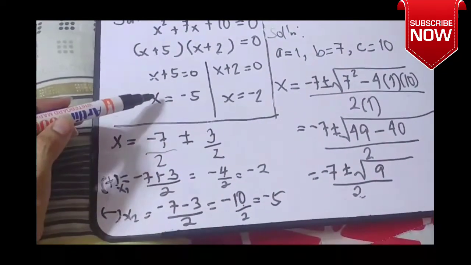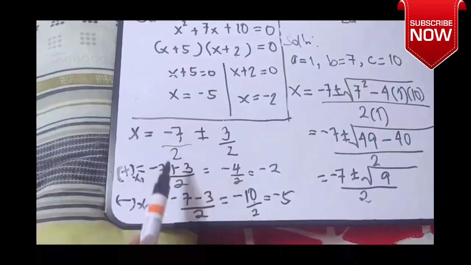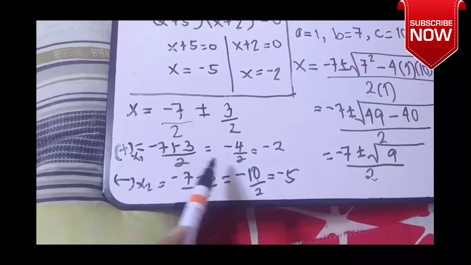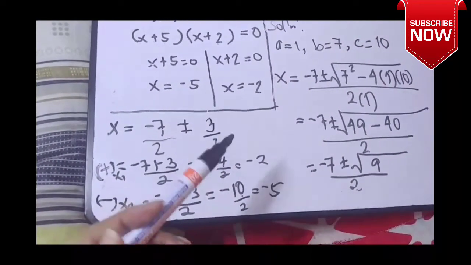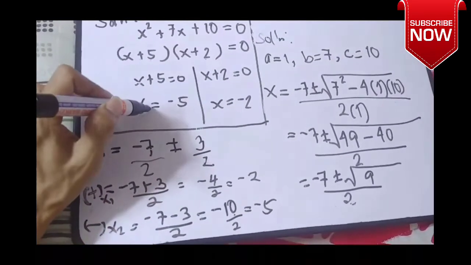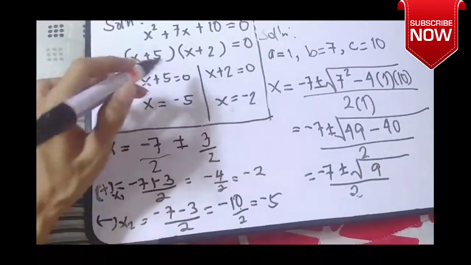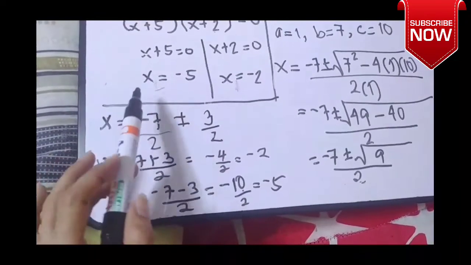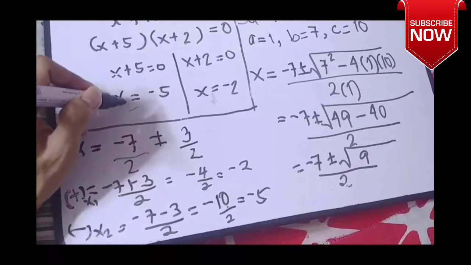By the way, baka magtaka kayo bakit sa first value ng x using factoring, ang value is negative 5. While using quadratic formula, ang first value, which is x1, is negative 2. Again, gaya ng sabi ko dun sa early videos, it doesn't matter kung lagyan man natin ito ng subscript na 1 or 2 or 2 or 1, hindi pa rin magbabago yung value ng x.